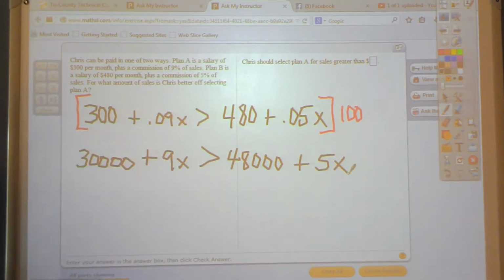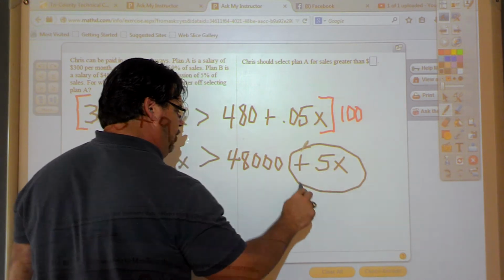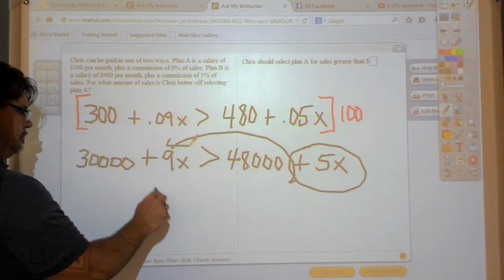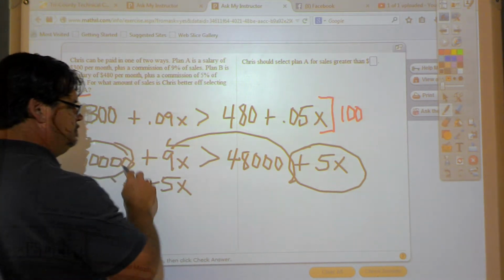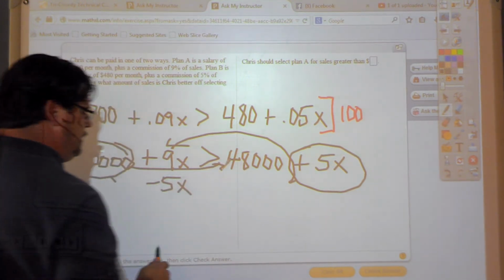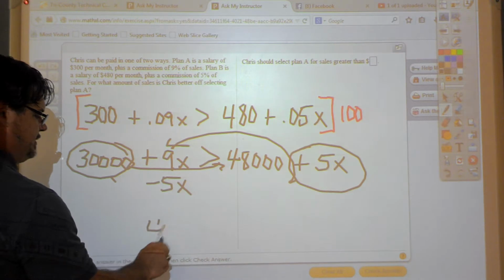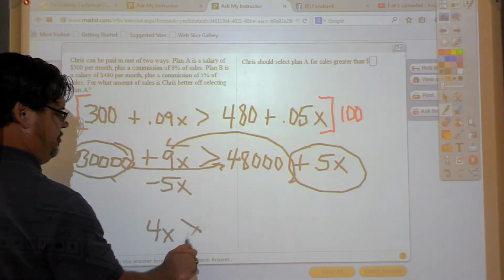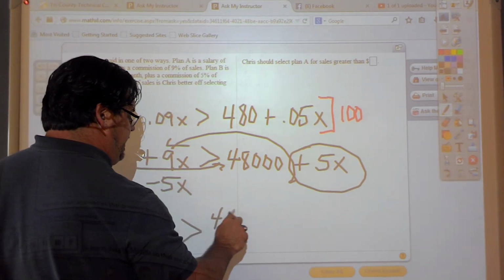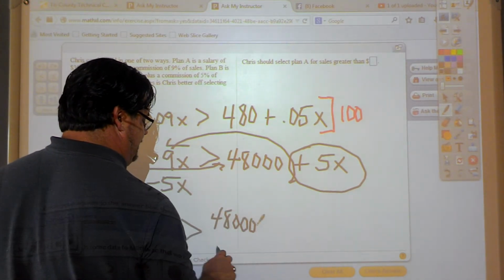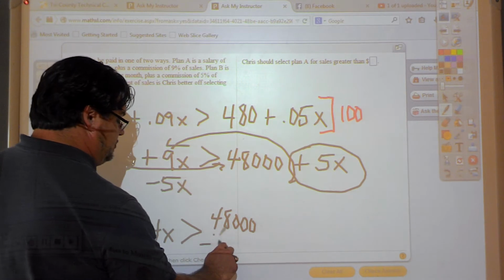Now I'm going to bring this 5x over here, and I'm going to bring this 30,000 over here, and that's going to give me 4x is greater than, now this is real hard math, y'all, 48,000 minus 30,000.